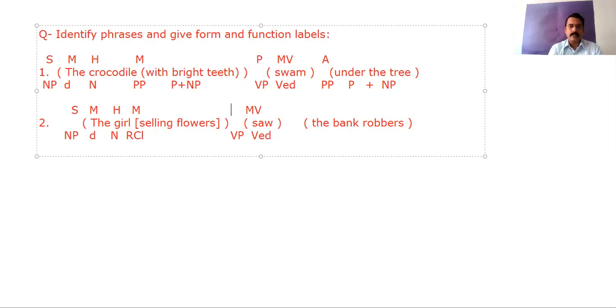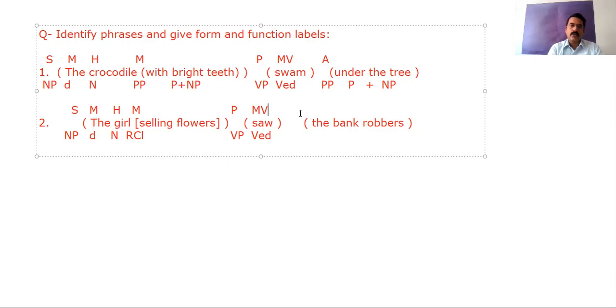Verb phrase has only one function, that is predicate in a clause, right? So saw, main verb, VED, verb phrase functioning as predicate. So we have given all the form and function labels. Let us move on to the third phrase.